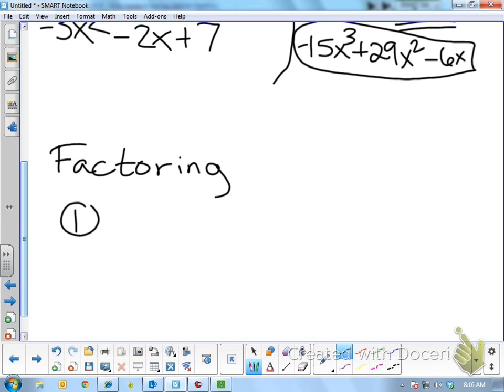What do we always do first? Greatest common factor. Every single time. GCF with every single factoring problem. You must do that first. Then we had some options after that.